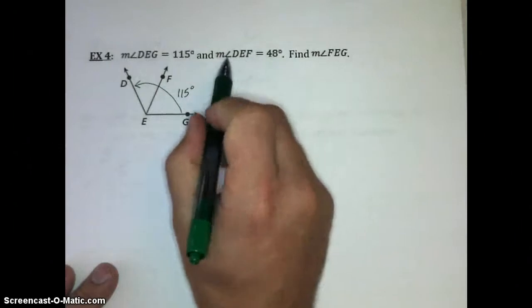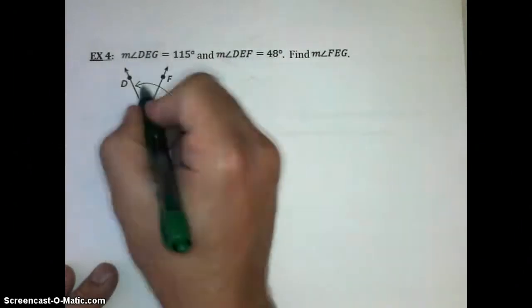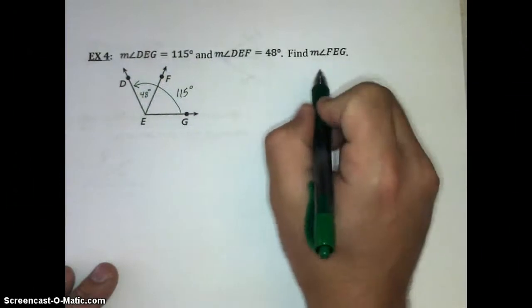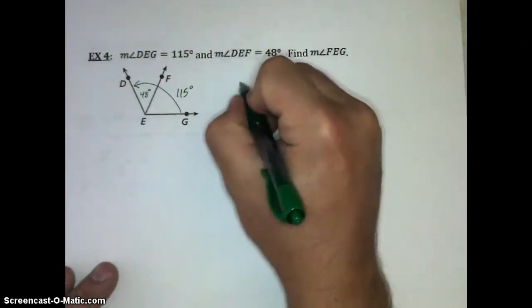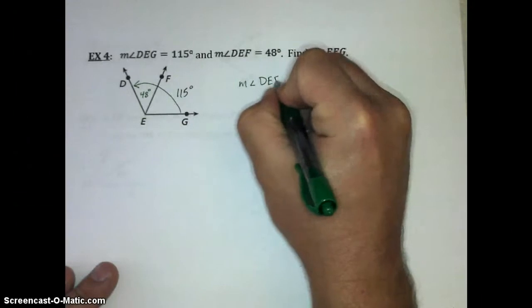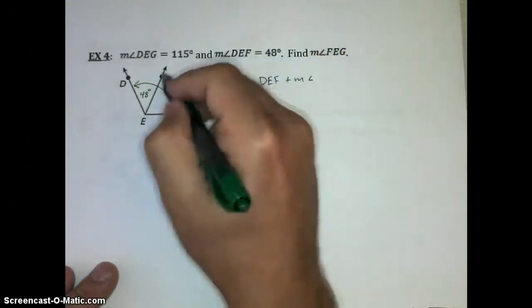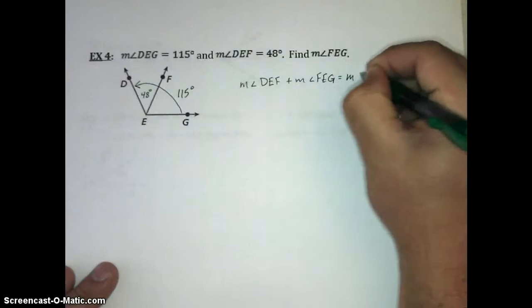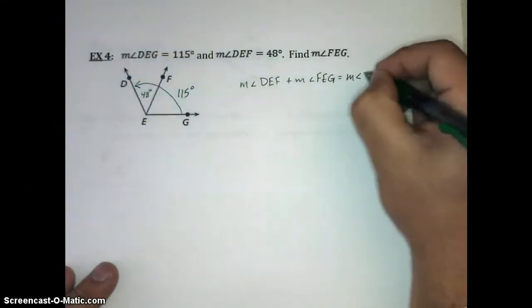But they also tell you that the measure of angle DEF is 48 degrees. Well, that's enough for us to find the measure of angle FEG, because remember this, the measure of angle DEF plus the measure of angle FEG should equal the measure of angle DEG.